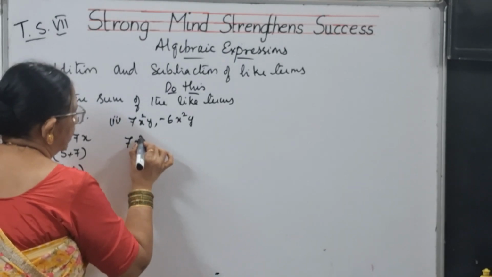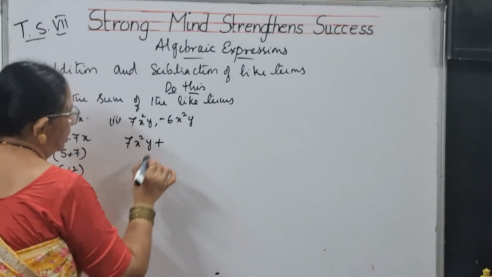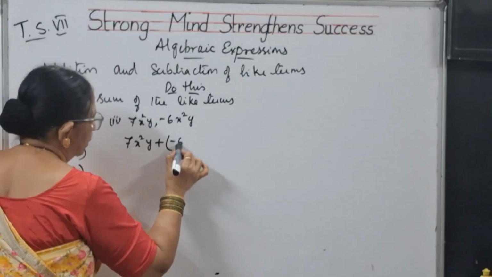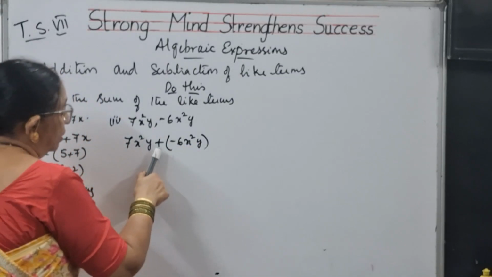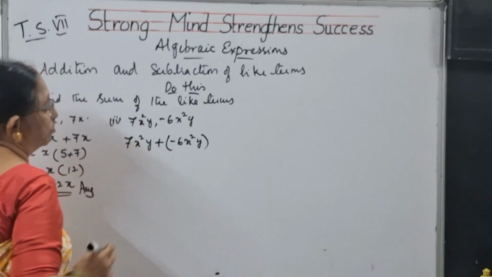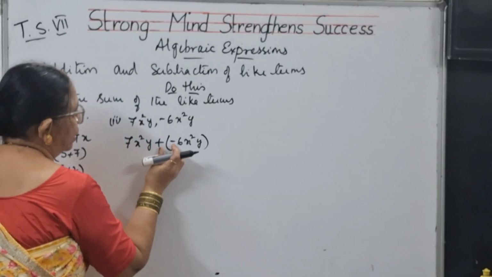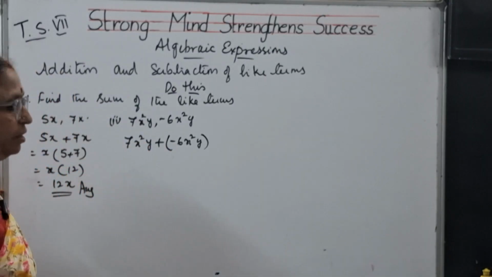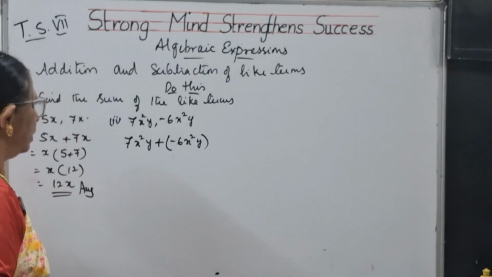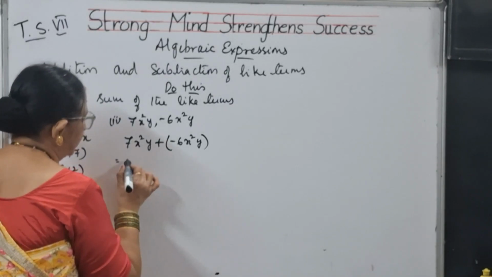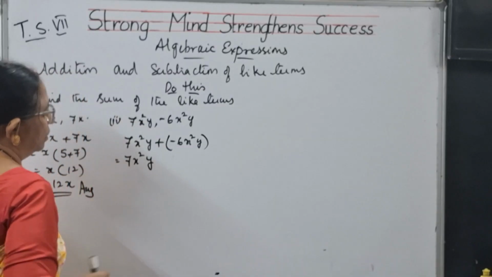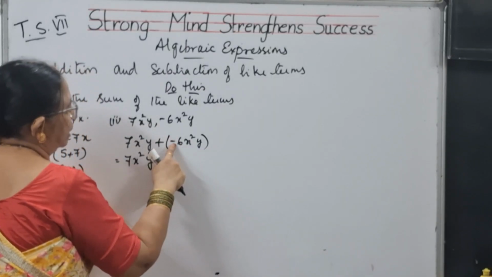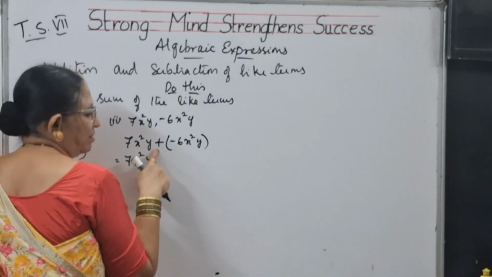So 7x square y plus, in the bracket, I should write minus 6x square y. Why? Because you have plus here and minus here, and you can never write plus and minus side by side. So you need to put it in the bracket. When you are adding, first 7x square y we take as it is. Now there is a bracket. Inside the bracket you have a minus sign and there is a plus sign outside.